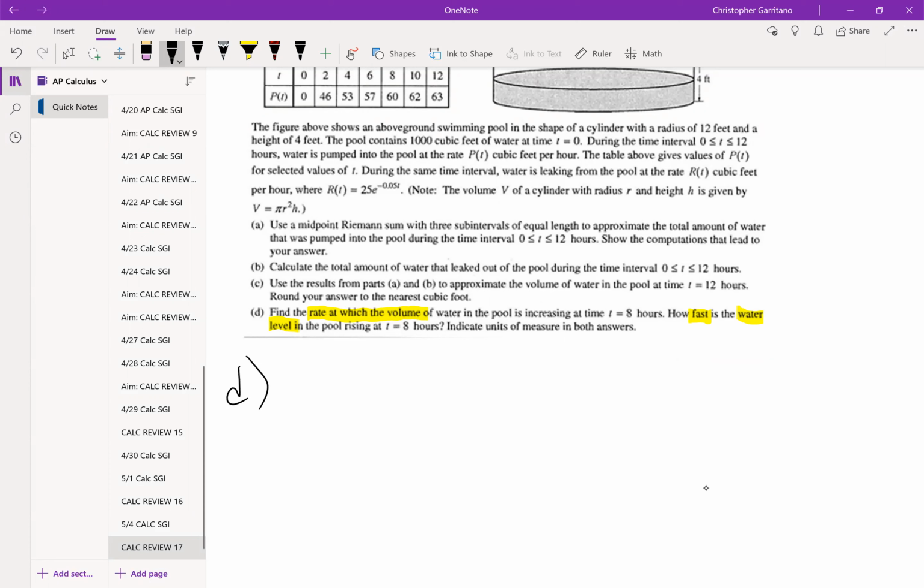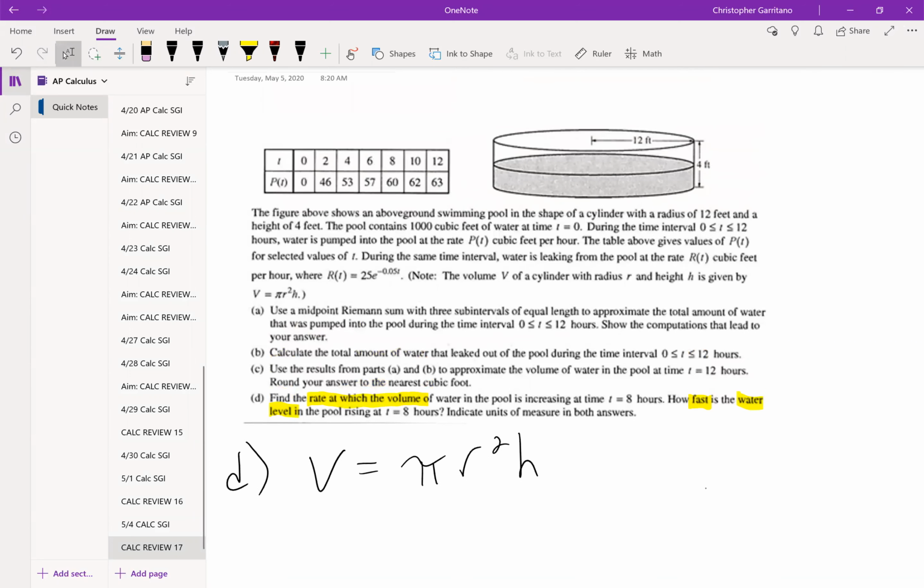Why? Because, well, it turns out that volume is related to the water level, which is H in this case. Now, one nice thing about this problem is since the pool is a cylinder, that means R is constant. And so when we differentiate, dr dt is just 0, so we can actually just plug 12 in for R, right?